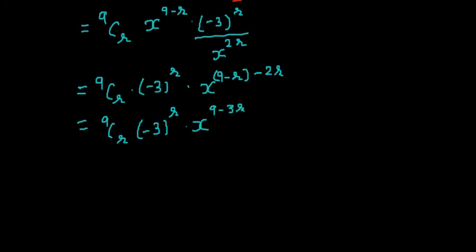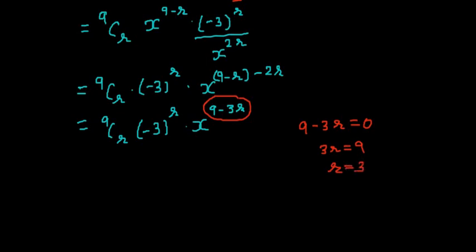Now I just have to equate the power of x to 0, because we want the constant term. Constant term in the binomial means the coefficient of the term having x raised to 0. So the power of x I need to equate to 0 in order to get the constant term. So 9 minus 3r equals 0, 3r is equal to 9, so obviously r is going to be 3.